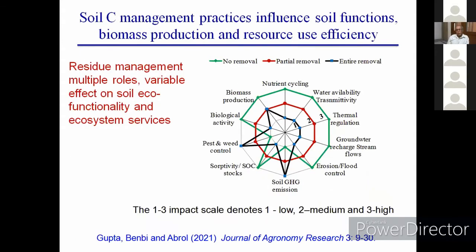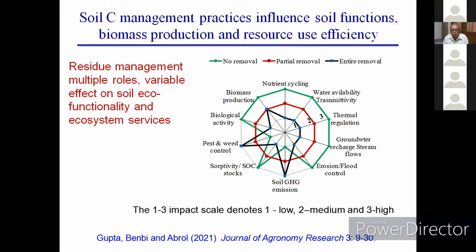Now, when we're talking about carbon, nitrogen use efficiency or resource use efficiency, we have to see everything in totality. We should not just look at the carbon, but, as I said, soil processes: physical, chemical, and biological processes. When you're going for residue management, there are three options available to us. One is you remove the residue.